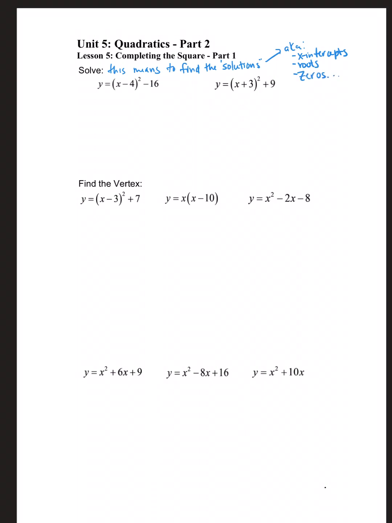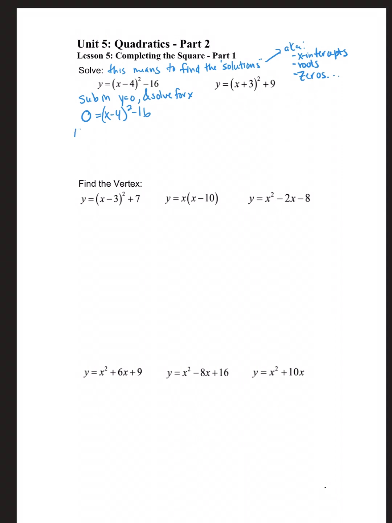So if we're trying to find our solutions, what are x-intercepts, then we need to solve for x by subbing in y equals 0. So if y is 0, we're going to use algebra to isolate x.